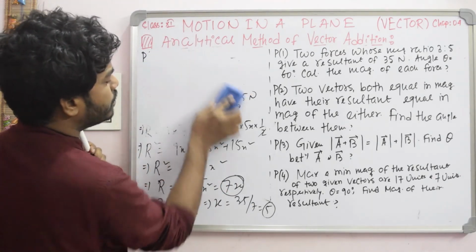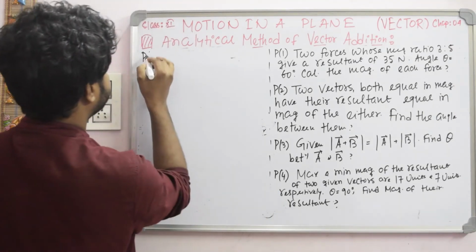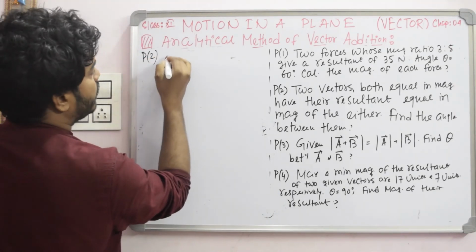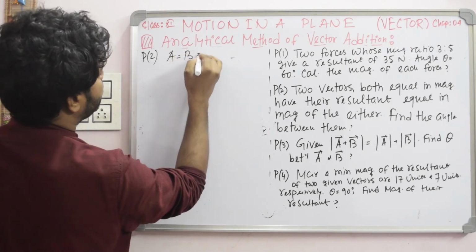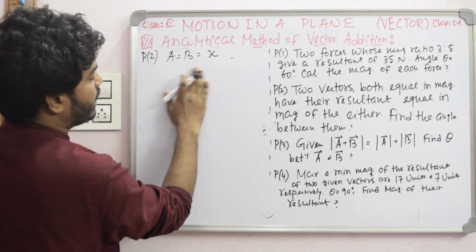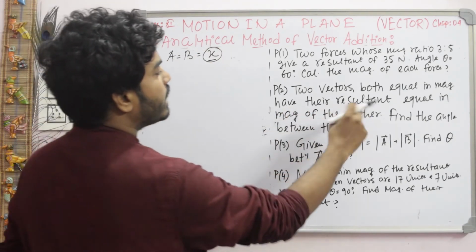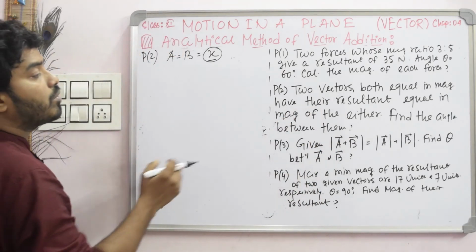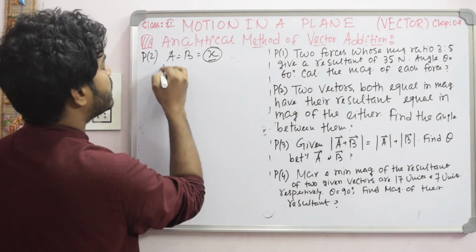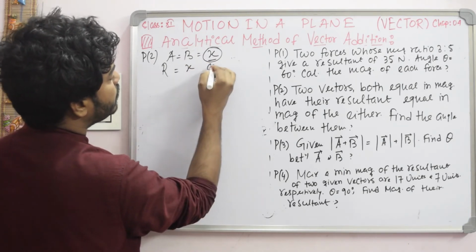So problem 2, given: suppose vector A and vector B are both equal to x. Both are equal in magnitude, and this equal magnitude is x, and their resultant is also equal in magnitude to either. So resultant R must be equal to x. Now you have to find theta.